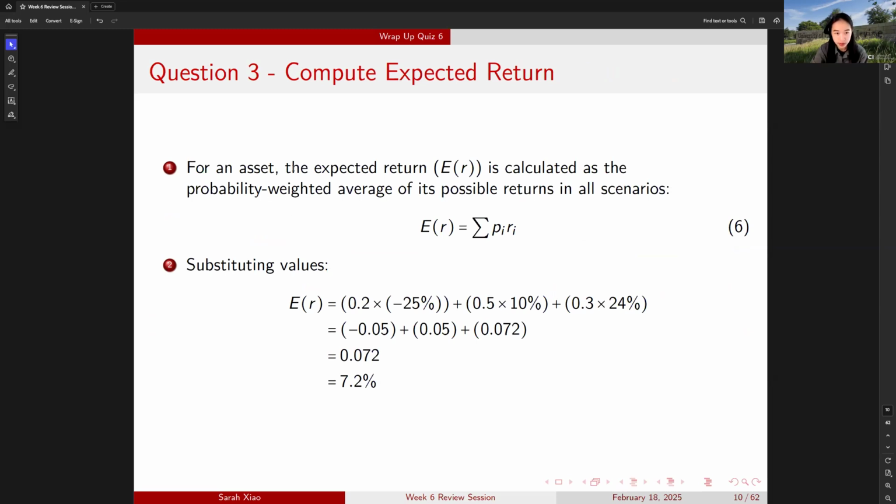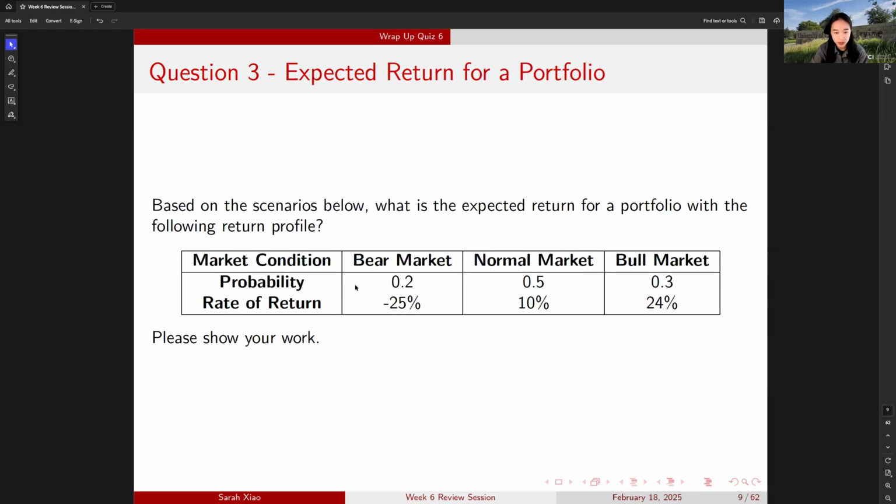As discussed previously, the expected return on an asset is calculated as the probability weighted average of its possible returns in all scenarios. We then substitute the values. We are given the probability in each state of the market: 0.2, 0.5, and 0.3.